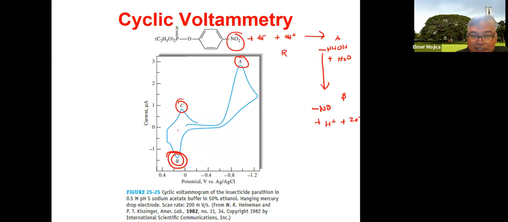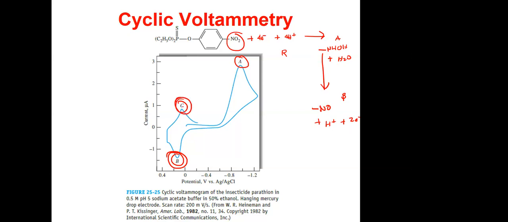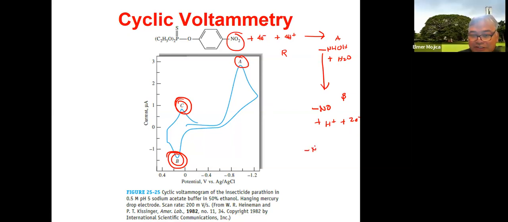And then you have another product that is formed here. Reduction. So this is what? Reduction. So your nitroso becomes what? Hydroxylamine again. So from your NO, it becomes NHOH. So we could say this is the one that sort of is reversible.